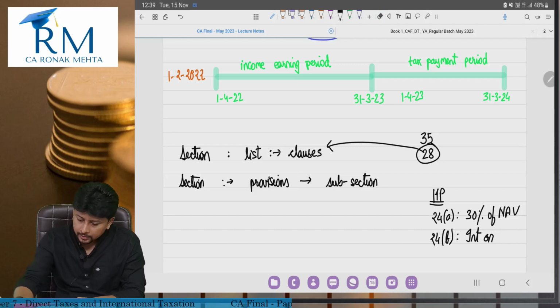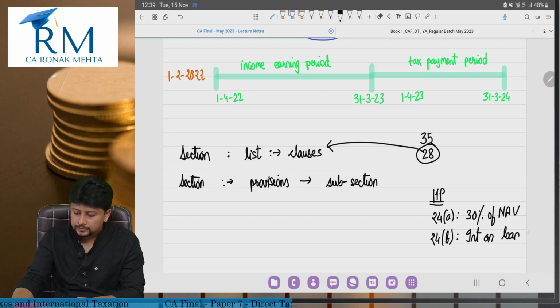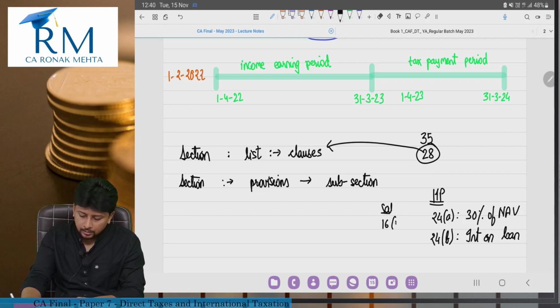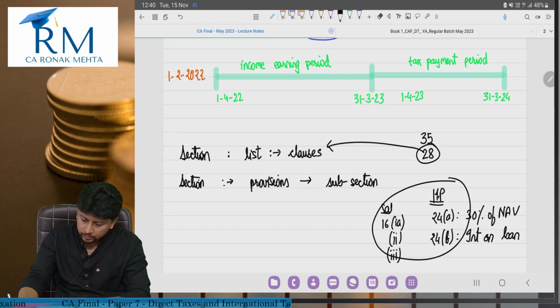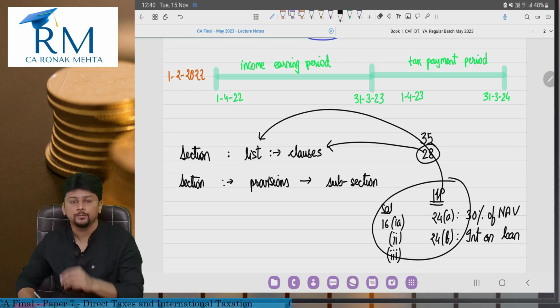What is it? It is a list of deductions that are allowed. Salary chapter, section 16, 16(1)A, standard deduction, 16(2), entertainment allowance, 16(3), professional tax. List of deductions. When you are talking about list, you are talking about clause numbers.